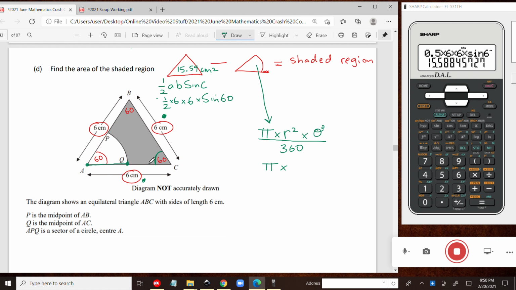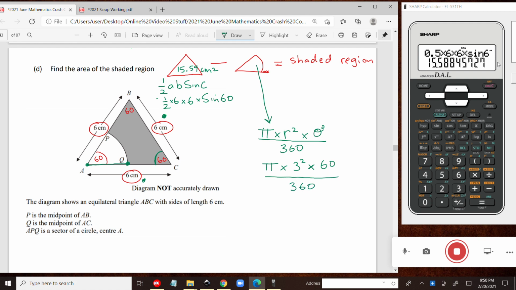So if from E to C is 6 and Q is the midpoint, half of 6 is 3. So that means the radius of the sector is 3. So it's pi by 3 squared multiplied by the angle inside the sector, which is 60. And then you divide it by 360.